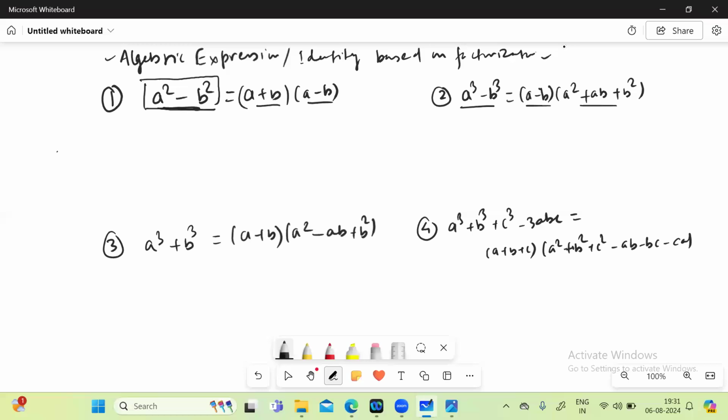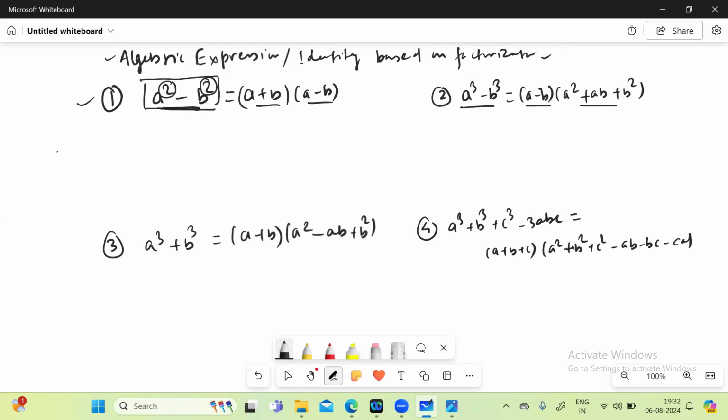Now I'll generalize it. Don't ask for the proof of what I am telling you, but this is a generalization of this factor formula: if any two numbers have equal and even power, here what you have is 2. Let me take an example.